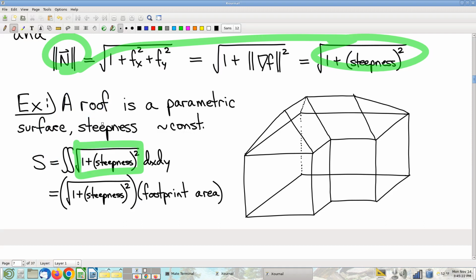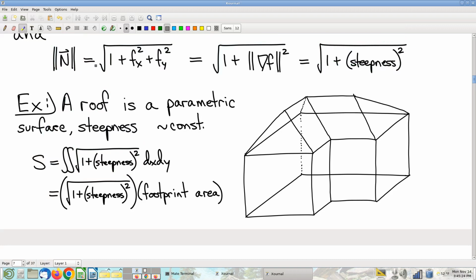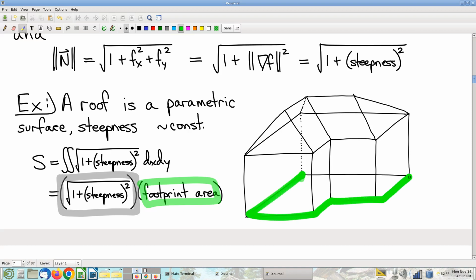And lo and behold, as it turns out then, if you want to compute that surface area, you just need to know how steep is the roof, and then you just multiply then by the footprint area of the house. So that's much easier to measure. You don't have to climb up there and risk falling. Just do it with a tape measure, and you can make a simple little rectangular polygon, and very, very simple geometry, and compute that area. And then again, multiply by this factor, and boom, you know the area of your roof.